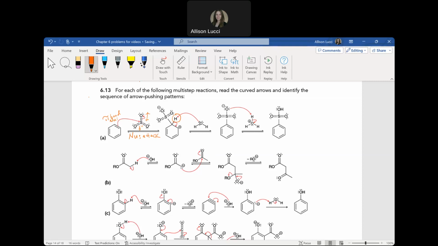So we end up with hydronium, and this becomes a double bond here when the electrons involved in this carbon-hydrogen bond move into the ring. So this is a proton transfer.